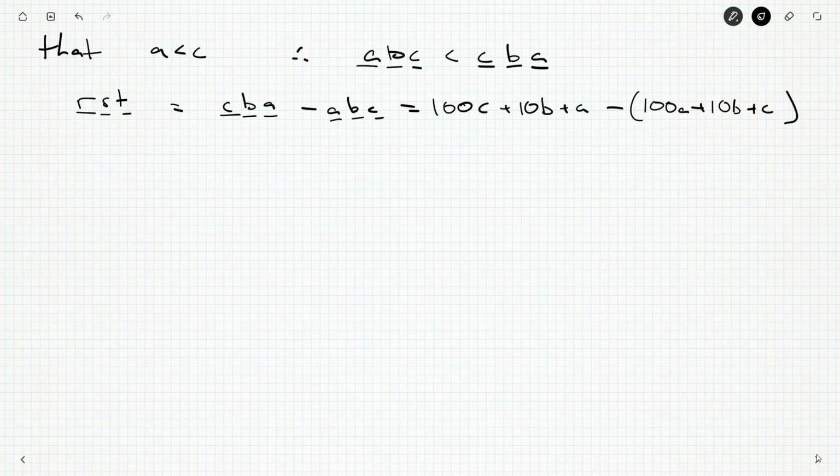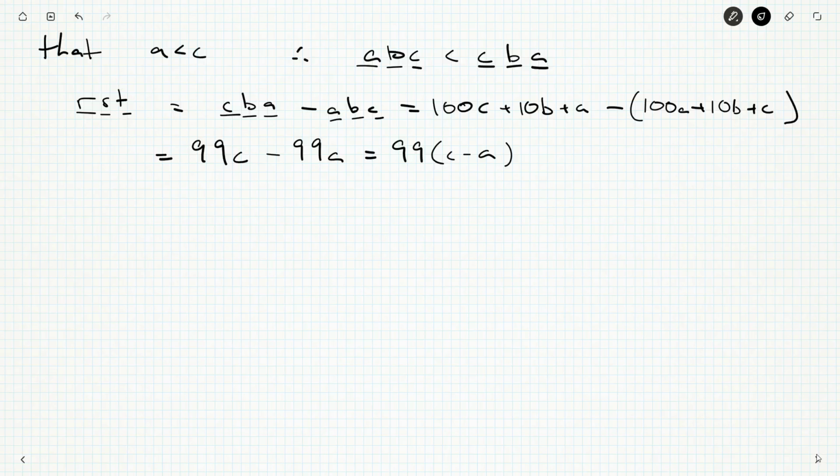Now notice that the B's go away. 100C minus C is 99C, and A minus 100A is minus 99A. So we're going to get 99 times (C minus A). That tells me what RST is, and it's going to be a single digit times 99. C minus A is at most C.